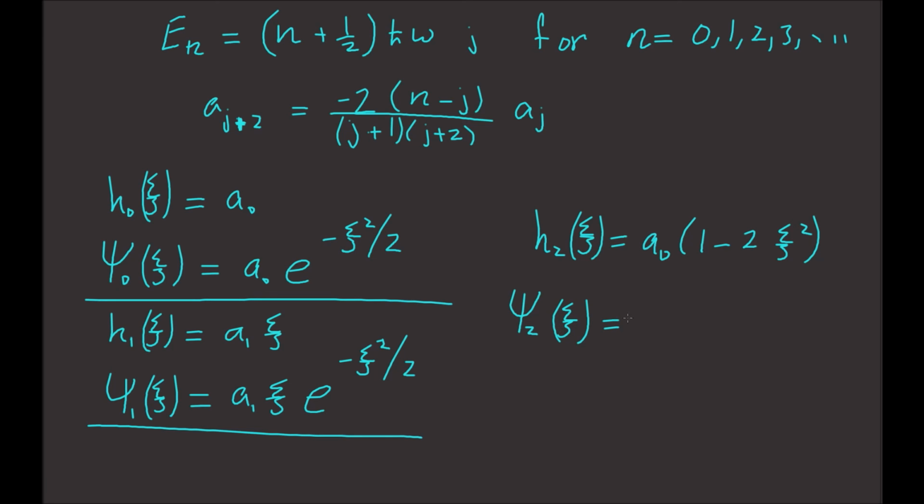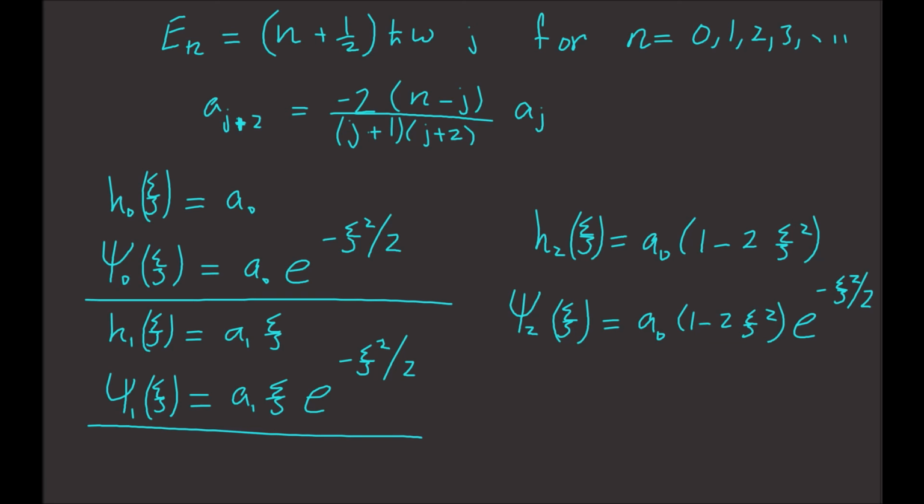Psi sub 2 equals a naught times 1 minus 2 times ξ squared times e to the minus ξ squared over 2, and so forth.